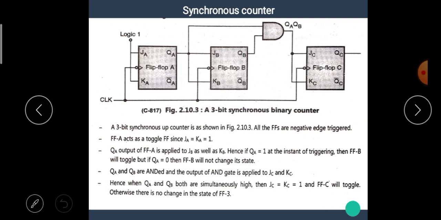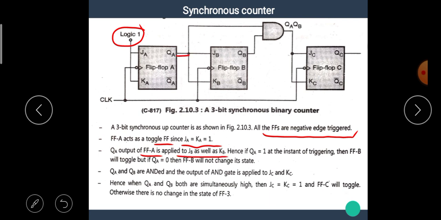Let's see once again. A 3-bit synchronous up counter is shown in this figure. All the flip-flops are negative edge triggered. Flip-flop A acts as a toggle flip-flop since JA and KA are equal to 1. QA, the output of flip-flop A, is applied to JB as well as KB.